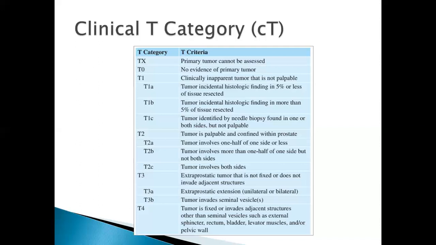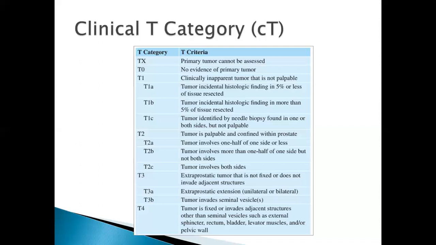Only use the umbrella category of T1, T2, T3 for this table if you cannot assign T1A, T1B, or T1C. All right, so when you assign any type of subcategory, whether it's the T, N, or M, always go to the subcategories first and read through them.